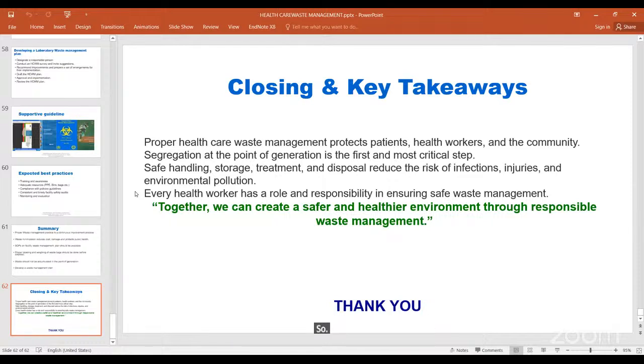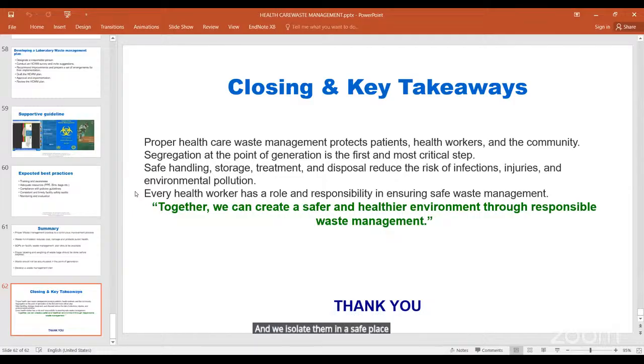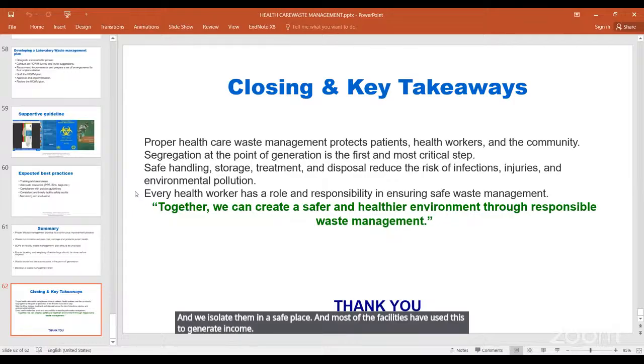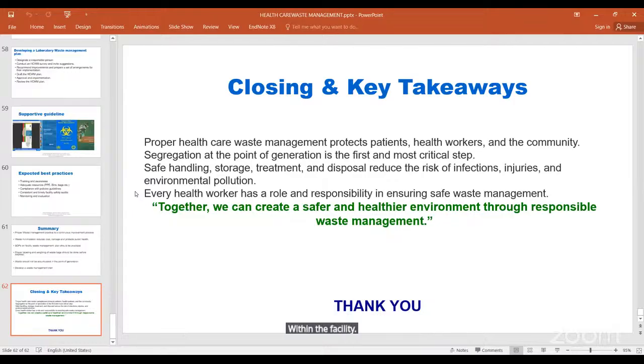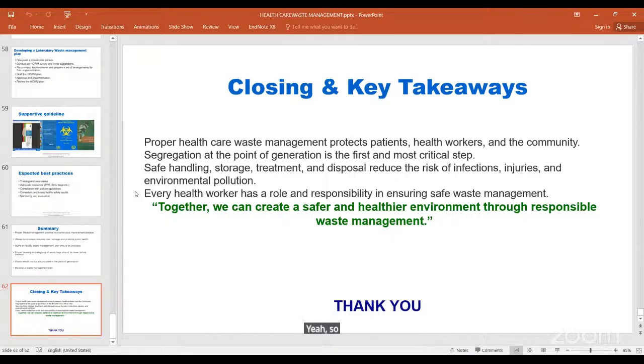So as the boxes get into the facility, the ideal practice is we remove the boxes and isolate them in a safe place. Most of the facilities have used this to generate income within the facility. They sell these boxes and we have not had incidences of a community being infected because of using a box. So it is just how you handle them.